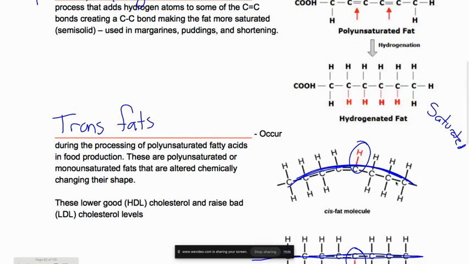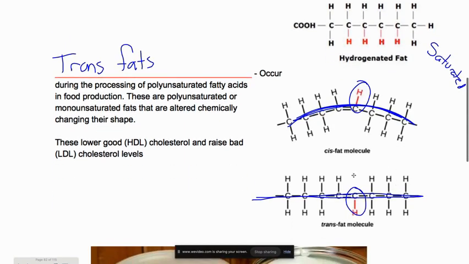But I can actually alter that bond and flip around the location of the hydrogen, causing it to be nice and straight. When that occurs, those straight molecules can stack up on one another, similar to saturated fats.